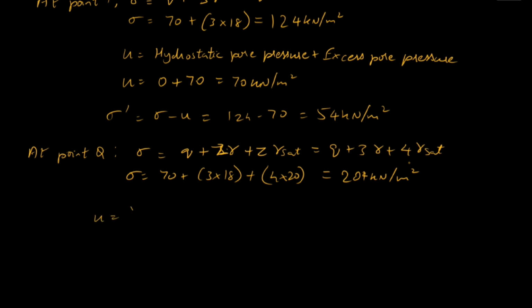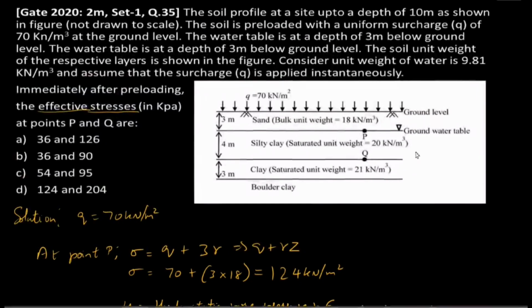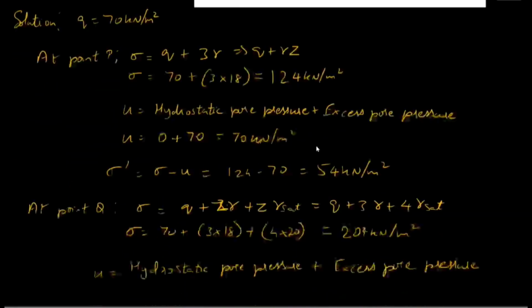Pore water pressure U is equal to hydrostatic pore pressure plus excess pore pressure. So above point Q, the water table is present at a depth of 4 meter.